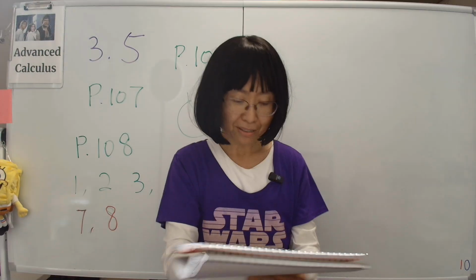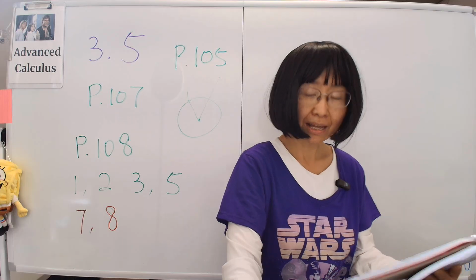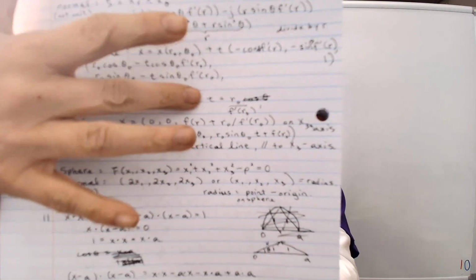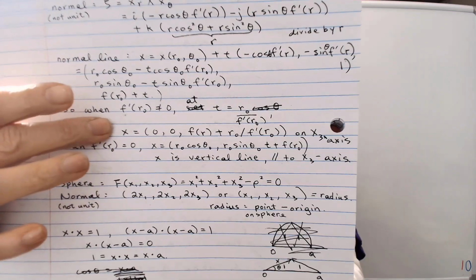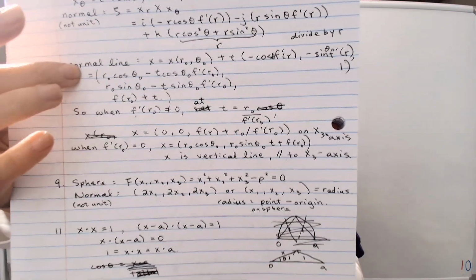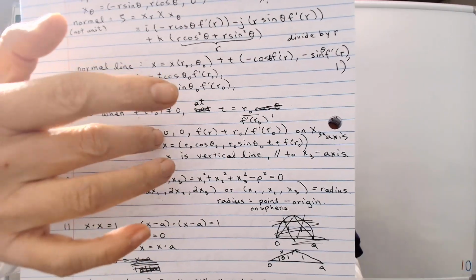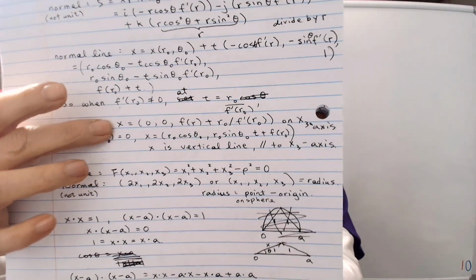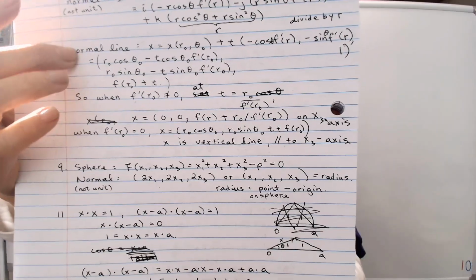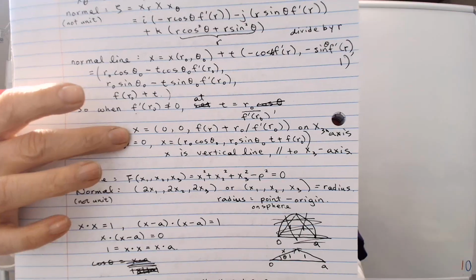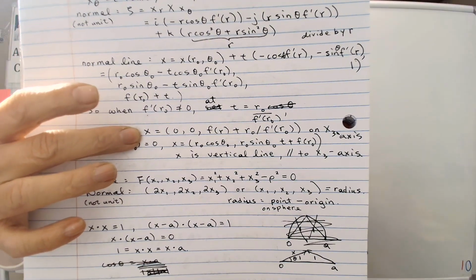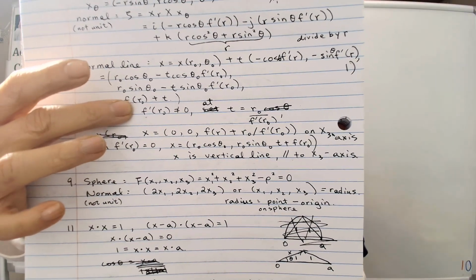That is if we choose t equal to that value, so this is a point on the normal line. It is on the x3 axis, because it has 0 and 0 on the first two coordinates. As a result, that shows that the normal line crosses the z-axis, or the x3 axis, when f prime of r0 is not 0.